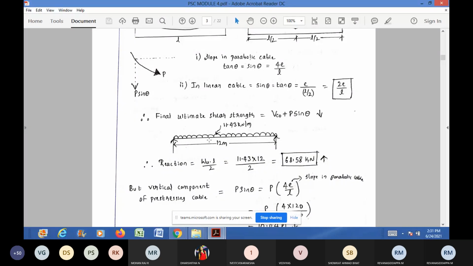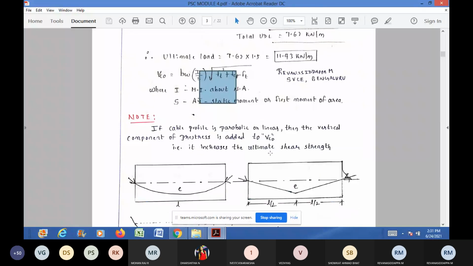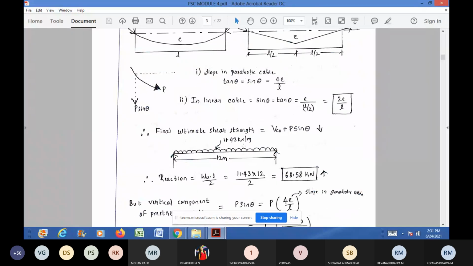Span of the beam is 12 meter, and the beam is acted upon by an ultimate UDL of 11.43 kilonewton per meter. If you got any other answer, incorporate that in the calculation. Someone told that he got 11.62. You take the same value, no problem.